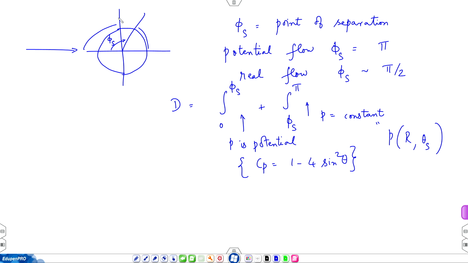So, now you can ask this question: suppose I want to reduce drag acting on the cylinder. How can I reduce drag acting on the cylinder? You already have this result: if phi s were to be at the rear stagnation point, as phi s increases towards pi, C d will decrease to 0.